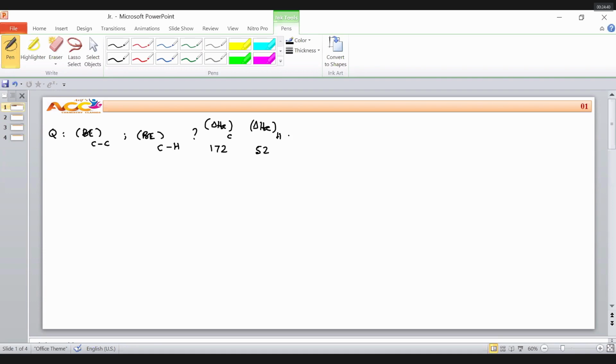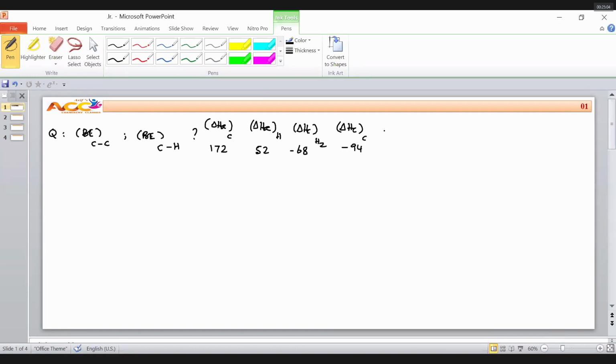Enthalpy of combustion of hydrogen, minus 68. Enthalpy of combustion of carbon, minus 94.